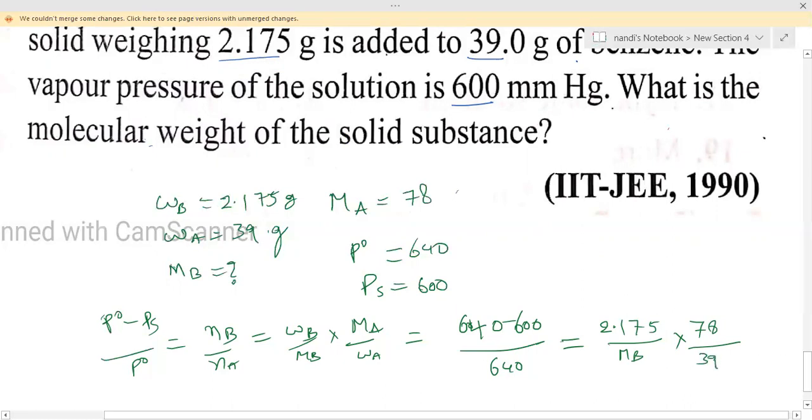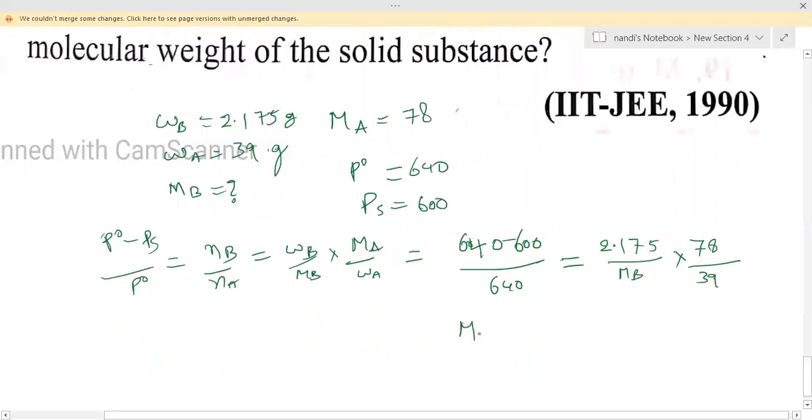Substitute, solve it, and you will get your answer: MB equals 69.5 grams, you can check it. So this is your answer.